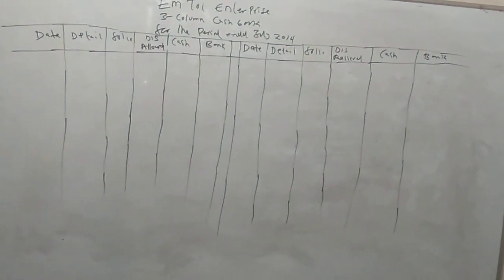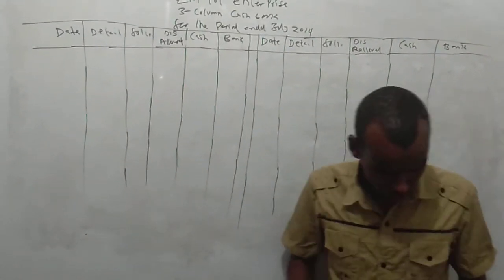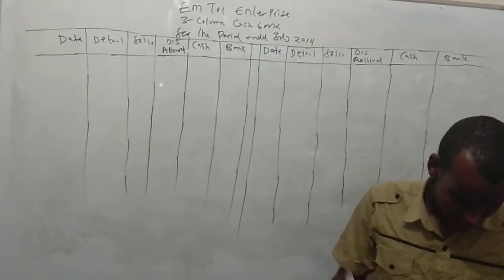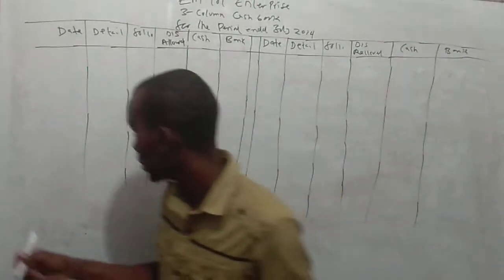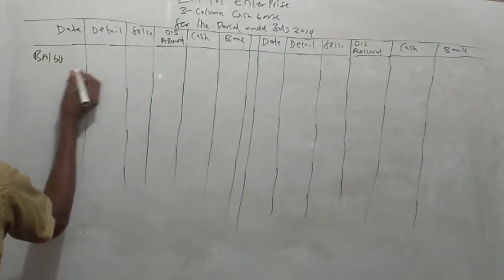So we're going to illustrate. We are told on 1st July 2014, the cash book of EM2 Enterprise showed the following balances. Cash of 20,000, so we have balance brought down.